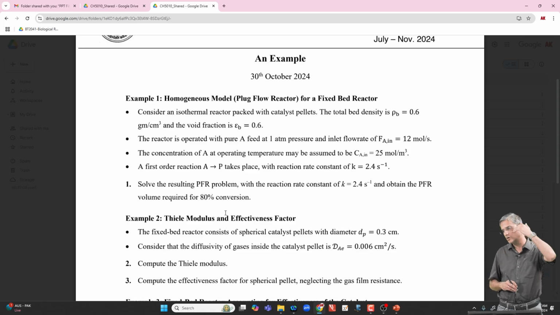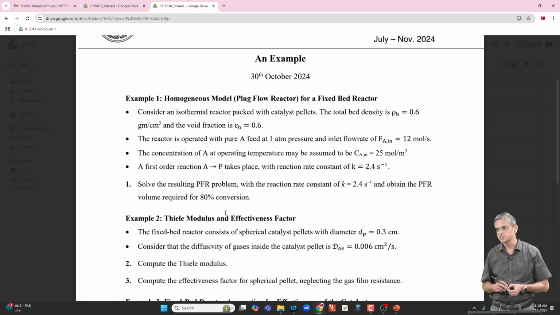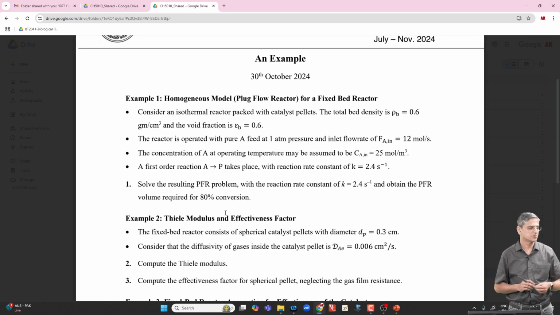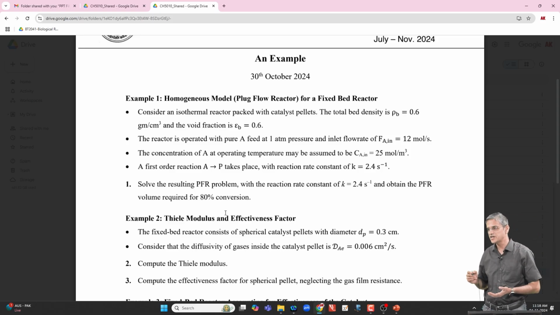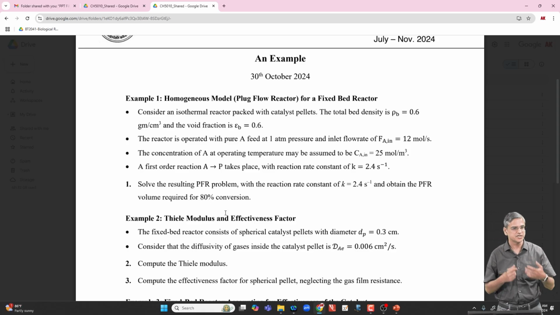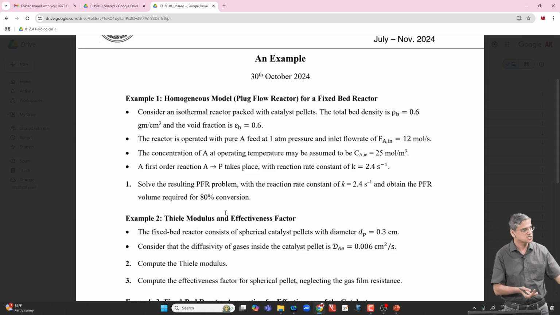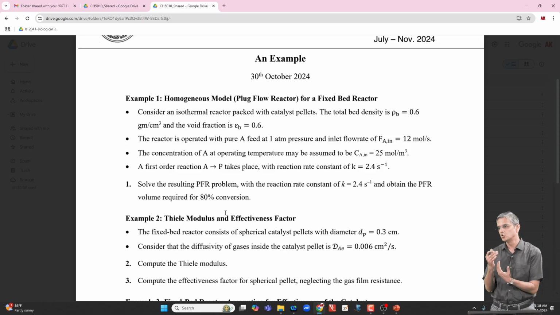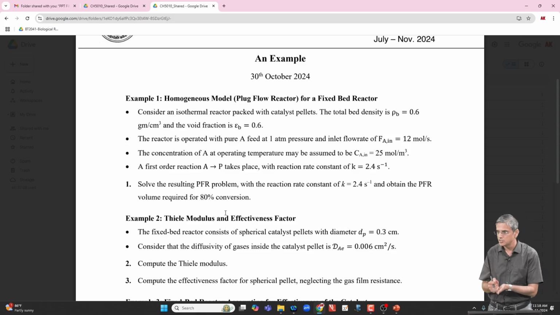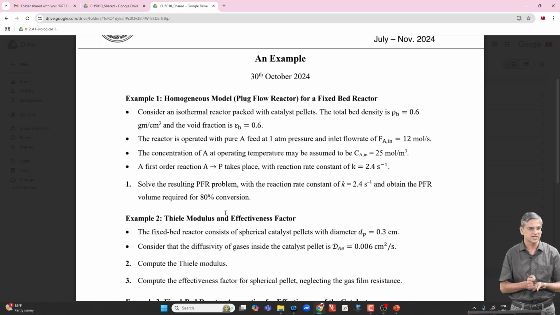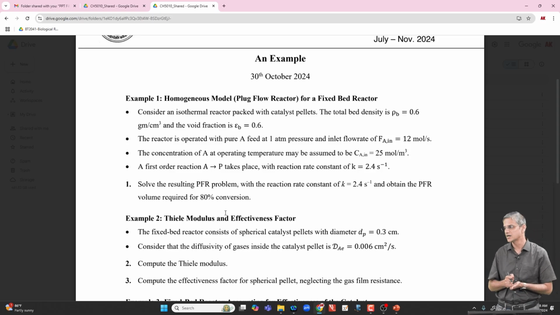When you go from a diluted bed to a concentrated bed, what really remains constant is not the rate of reaction per unit volume of the bed, but the rate of reaction per unit mass of the original catalyst. That's the reason why, in literature and in industry, most of the time you will get the data in terms of per kilogram of catalyst, which is R double dash.